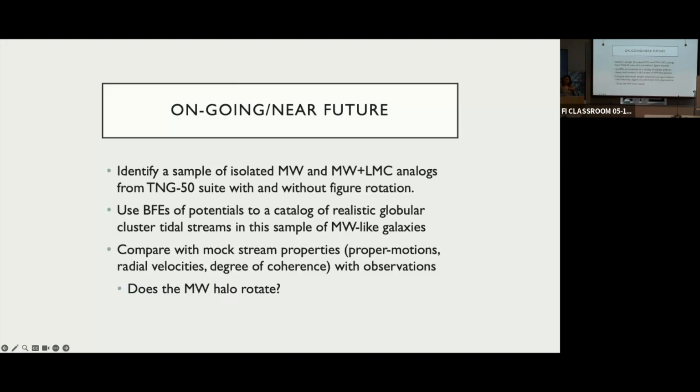Because one is affecting the dipole component and the other is affecting the quadrupole component, we think that you can actually separate this if you have enough tidal streams across the sky. And this is basically the topic of Neil's thesis.